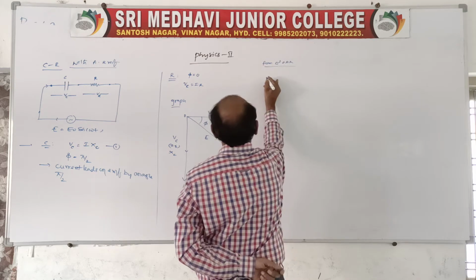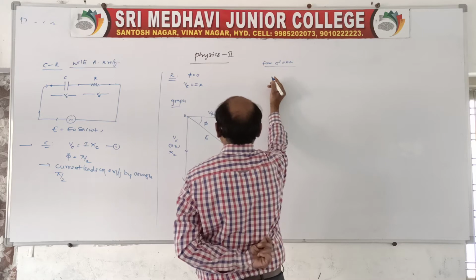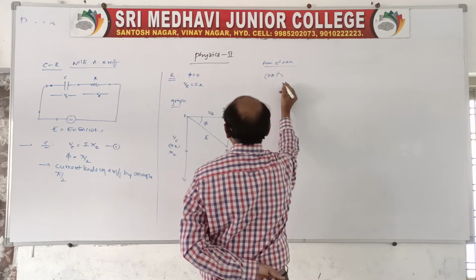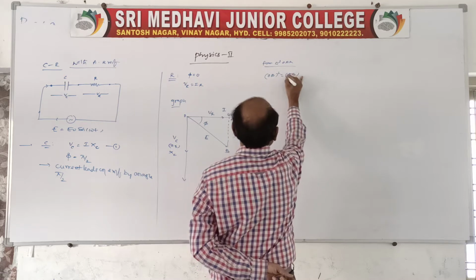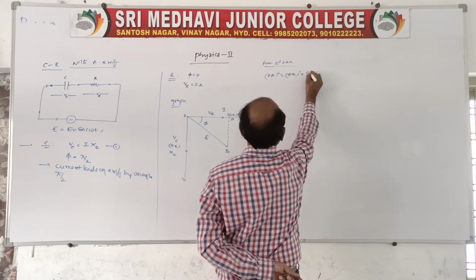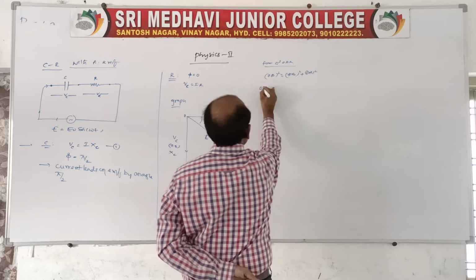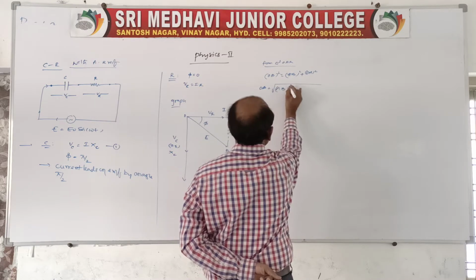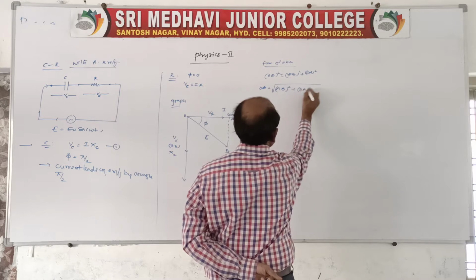From the triangle OAB, by the Pythagoras rule, OB square is equal to AB square plus OA square. So OB is equal to root over AB whole square plus OA whole square. Clear?